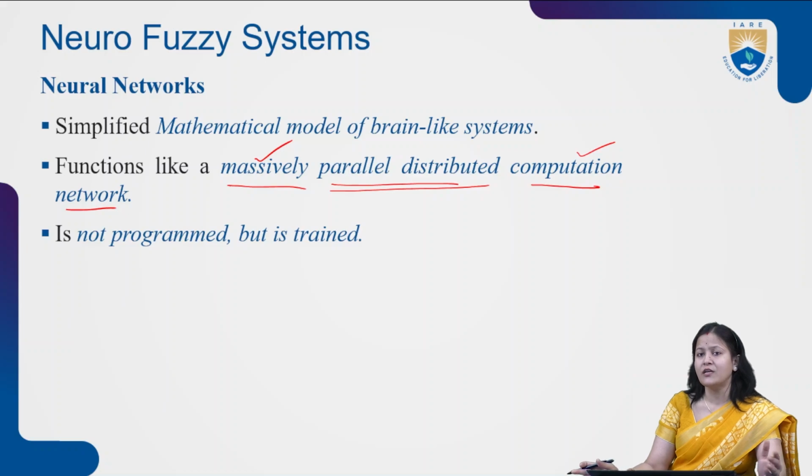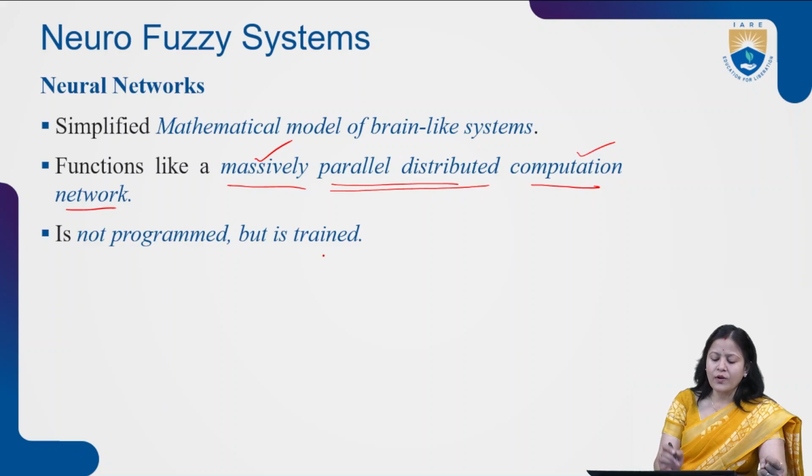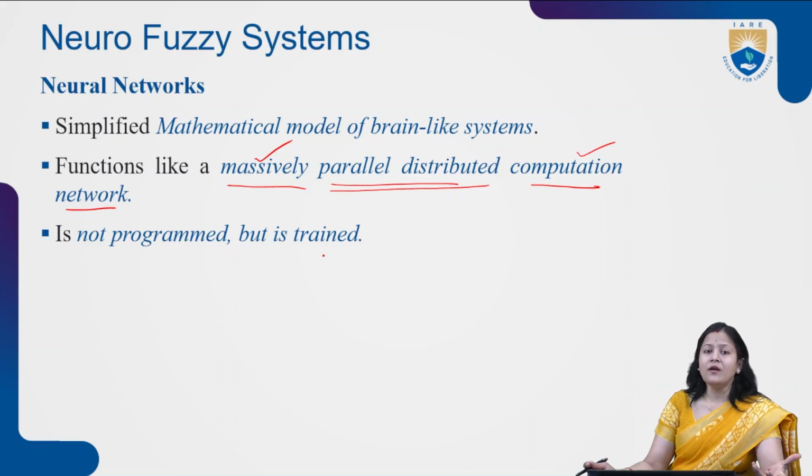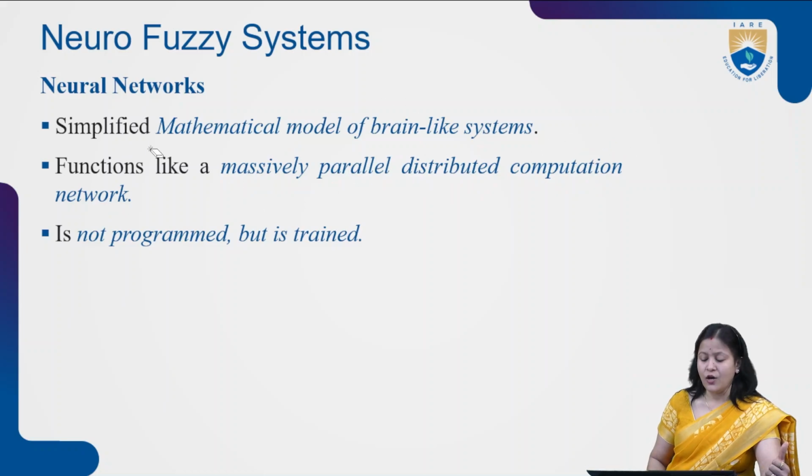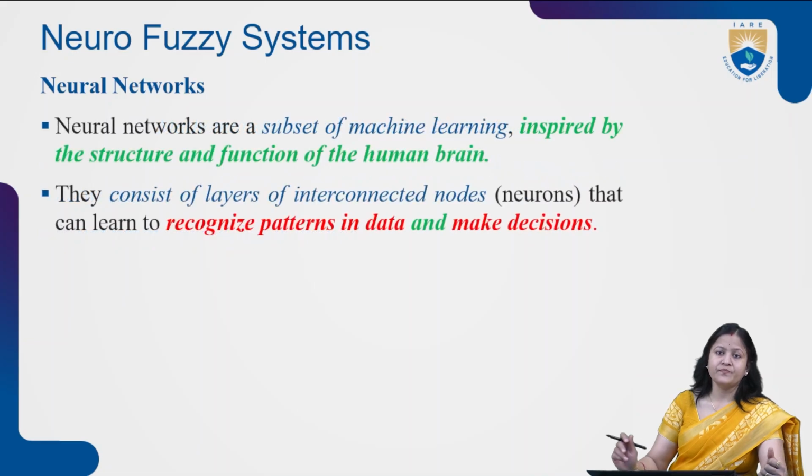They never stop. That is why it is called a parallel distributed computational network. It is not programmed, but it is trained. The artificial neural network has no need to be programmed. Once the algorithm is defined, then it should be trained with the data set. Now it should not be programmed again and again. So that is the feature of the neural network.